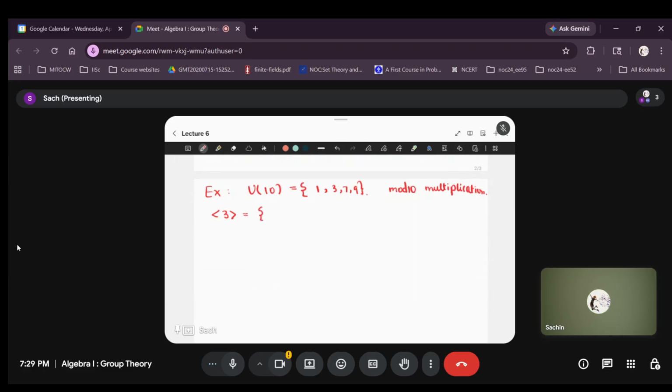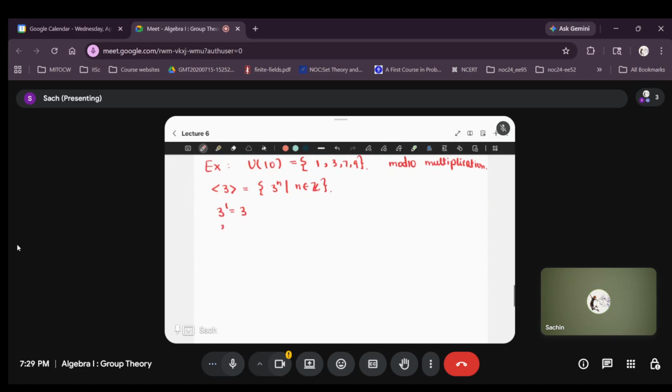It contains all the powers of 3. 3 power 1 is 3. 3 square is 9. 3 cube is 7. 3 power 4 is 1. Yes, so 3 is a generator of U10.